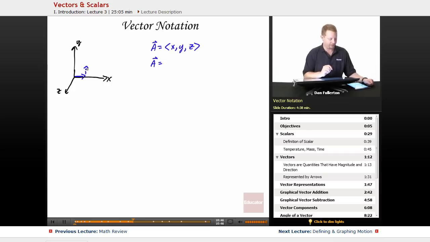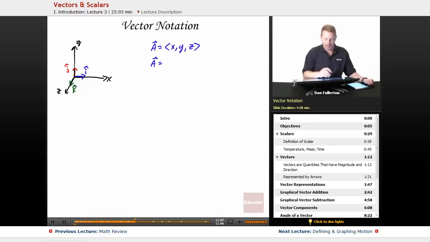In the y-axis, we'll do the same thing. A vector of unit length, of length 1 in the y direction, we'll call j hat. And in the z direction, same idea. A vector of length 1 in the z direction, we'll call k hat.